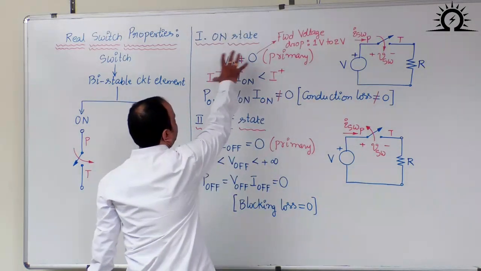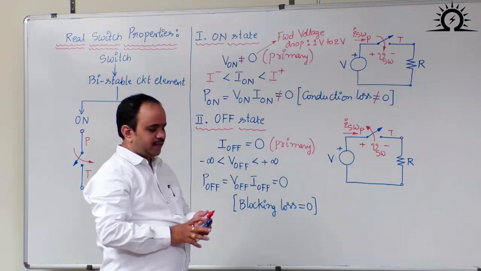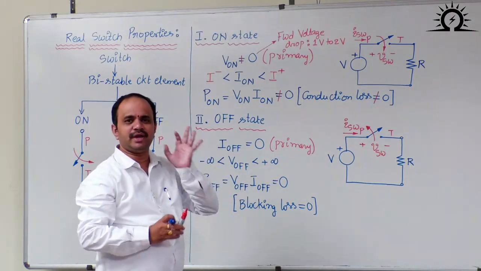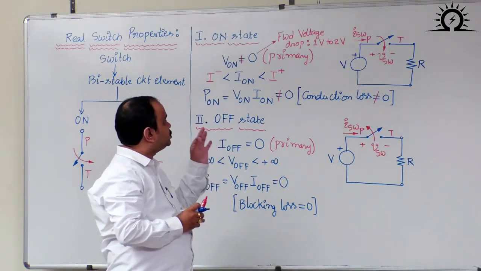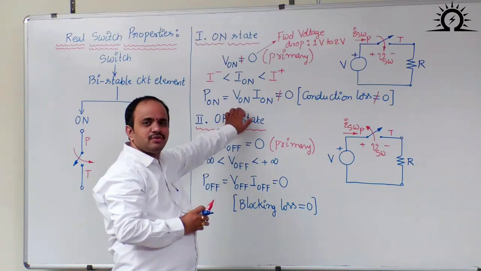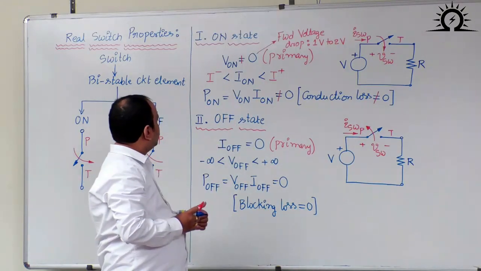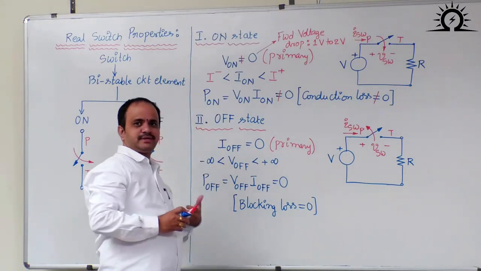So, in the on state property, what is the main discussion? Conduction loss is a finite value, right? That is due to the on state voltage drop across the switch. Now, coming to off state.